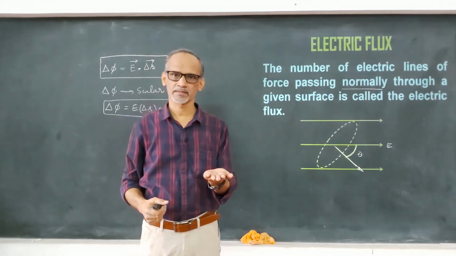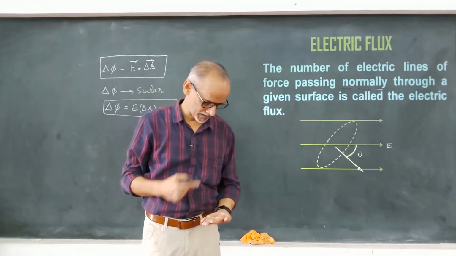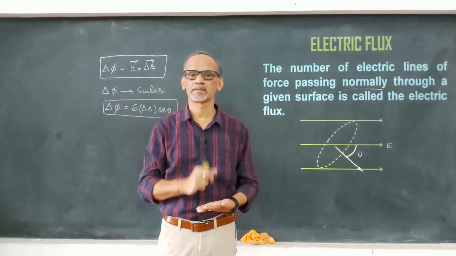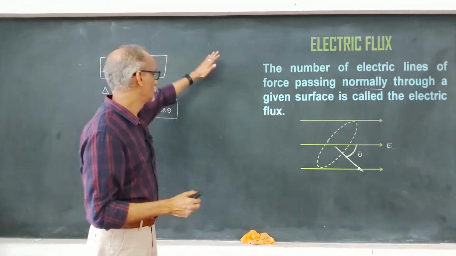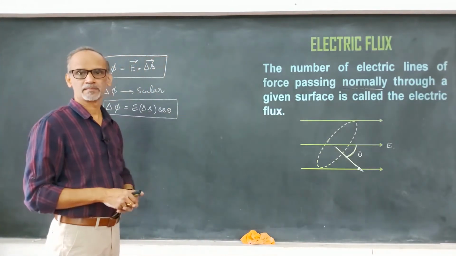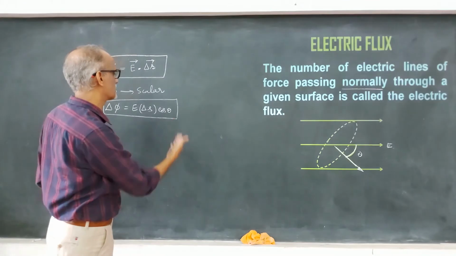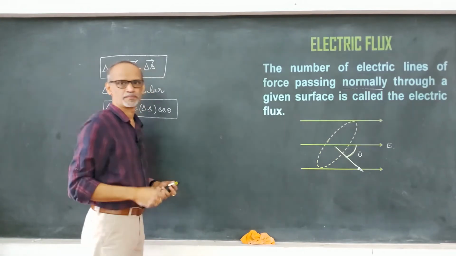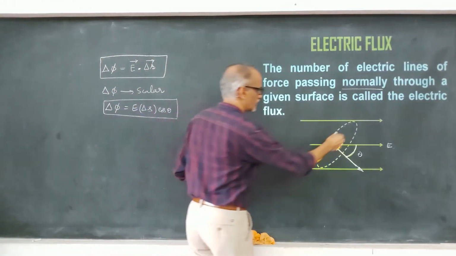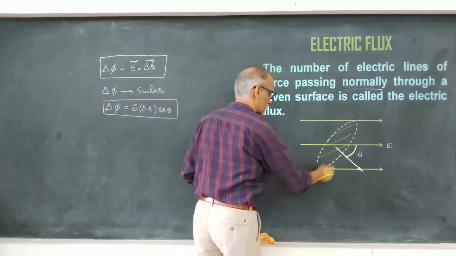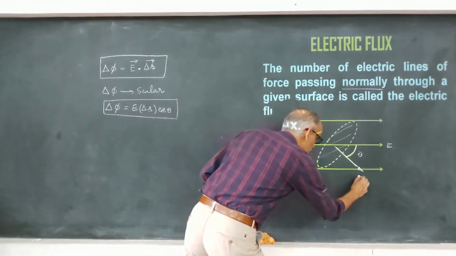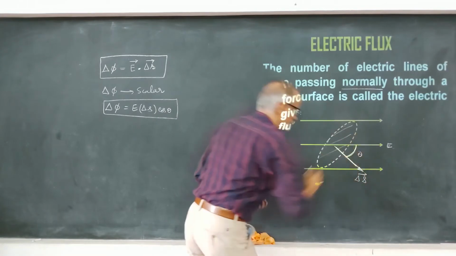If this is a surface and I am facing the surface, then normal means perpendicular, and outward is towards me. So in this diagram, this is the surface and this is the normal to the surface. That itself is the area vector.